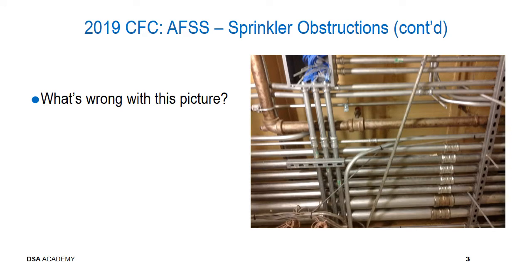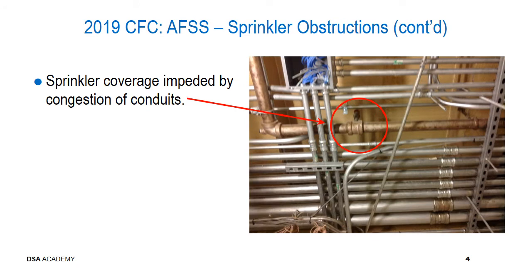Here's a picture with multiple conduits. As we can see, the sprinkler piping up above. Other than the exposed box that doesn't have a cover on it, what else is wrong? The sprinkler spray pattern is impeded by the multiple conduits.